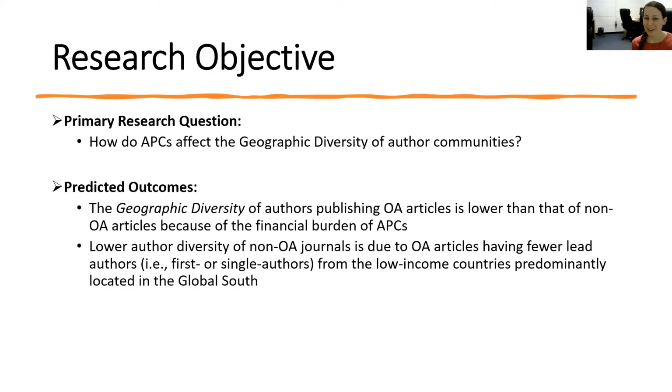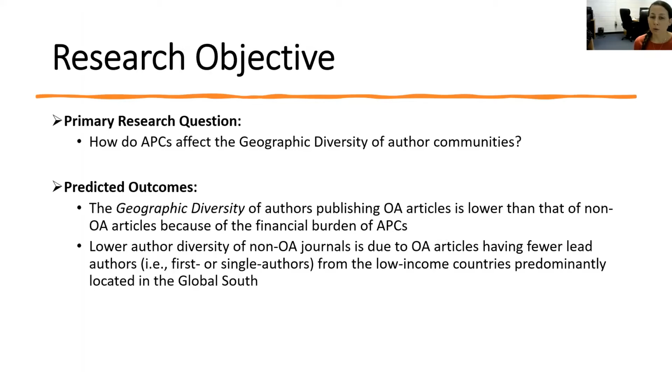So moving more into our research, we primarily wanted to see if APCs, or article processing charges, affect the geographic diversity of author communities. And we predicted that the geographic diversity of authors publishing OA articles, or open access articles, would be lower than that of non-open access articles because of the financial burden of APCs.